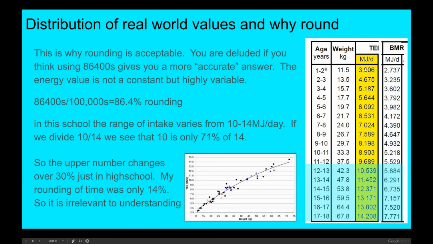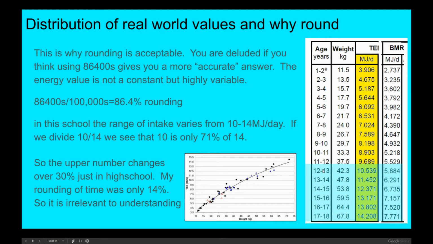But take a look at the range of megajoules you eat every day. From the age of 1, you start at 4 megajoules and you peak at 14. So throughout the high school years, your calorie intake goes from 10 to 14 megajoules a day. That's a 30% change.